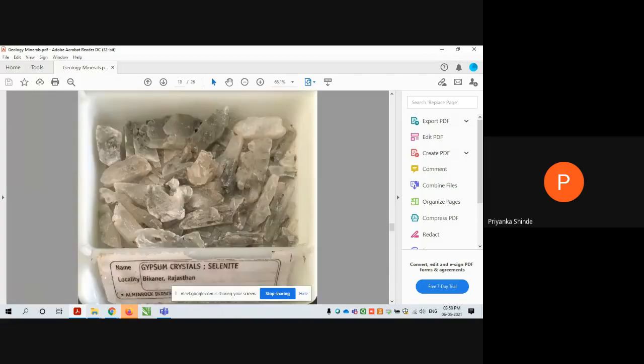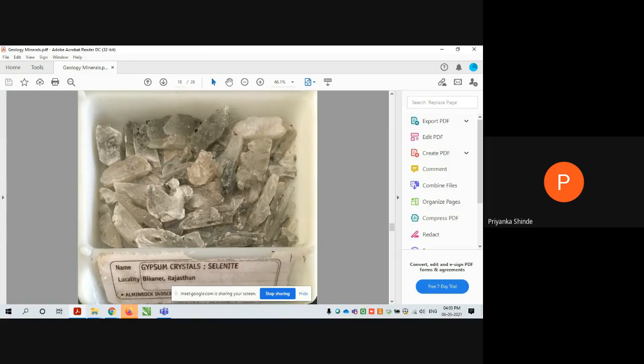Then next is gypsum. Gypsum is again very important from an engineering point of view. That is calcium sulfate, CaSO4.2H2O. That is the composition of gypsum. If you see the hardness of this, it is there in the hardness box at second number, talc, gypsum.